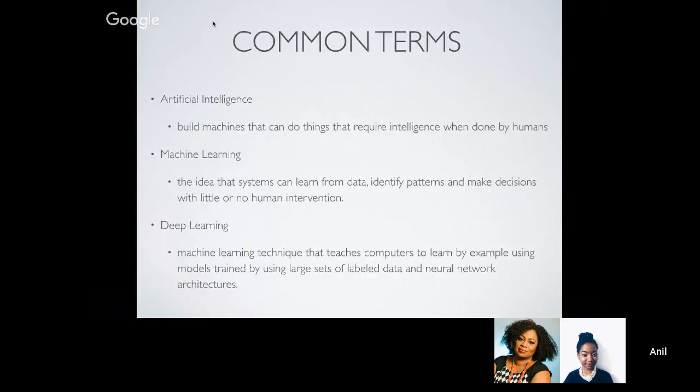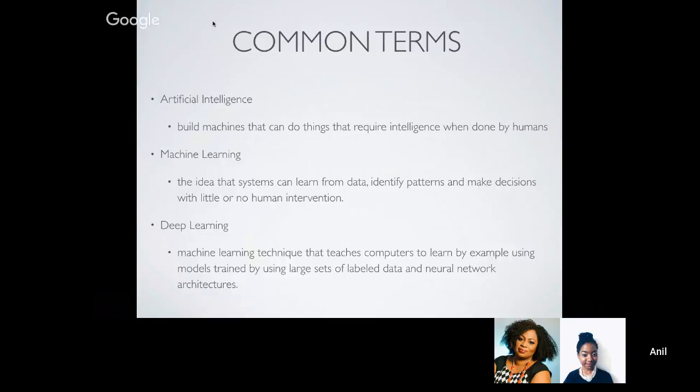One of the things we want to look at is some of the common terms being used: artificial intelligence, machine learning, deep learning. Especially when it comes from big companies, they use these as buzzwords and use things interchangeably.